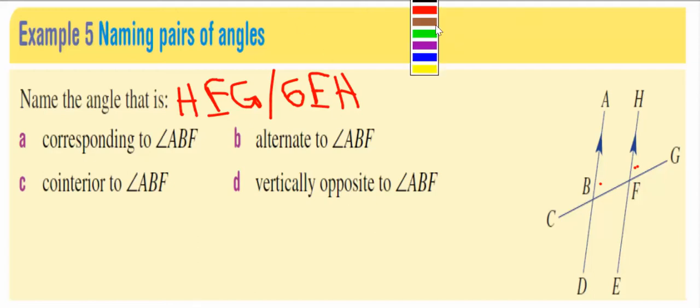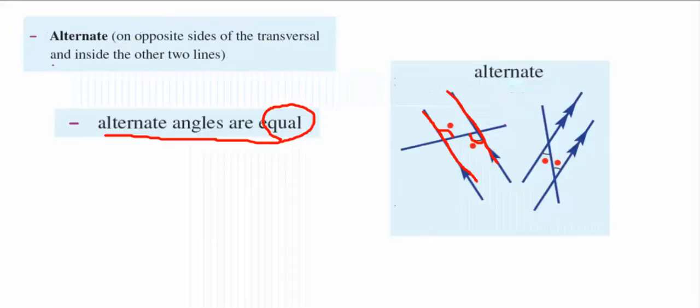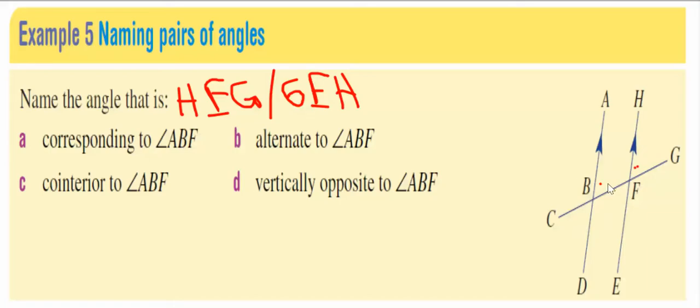Okay, welcome back. I'm just going to change my colours for these other ones. So let's do B, the alternate angle to ABF. So again, ABF, looking at that angle. So what's alternate? Remember alternate is inside the parallel lines and either side of the transversal.